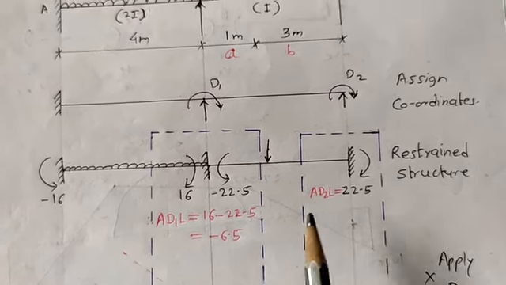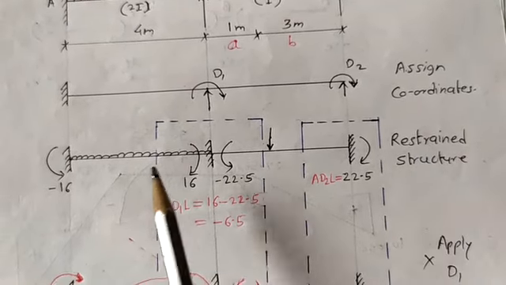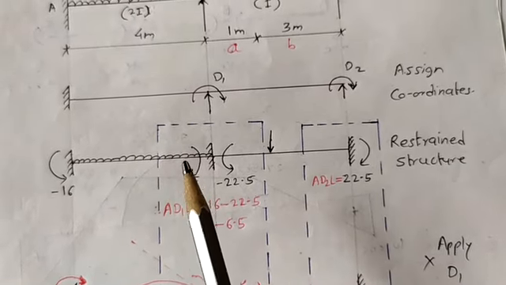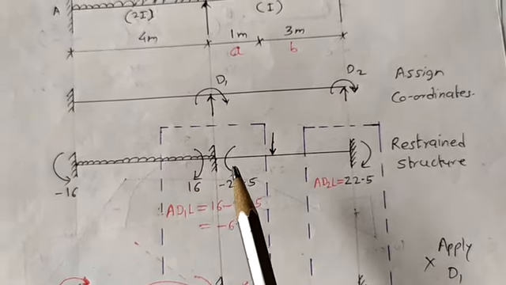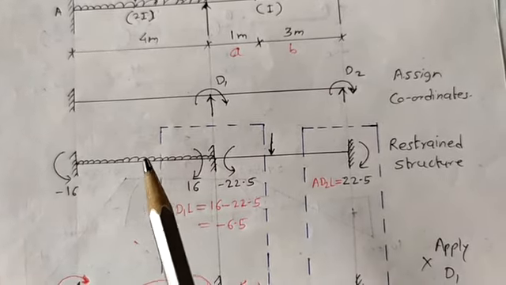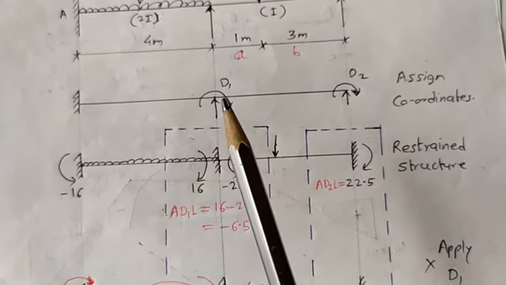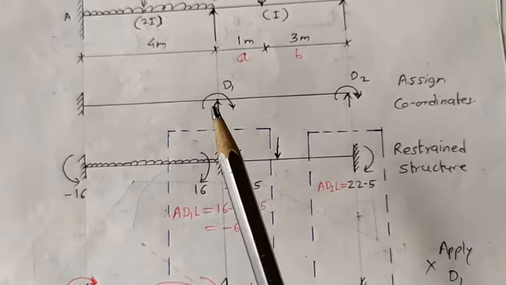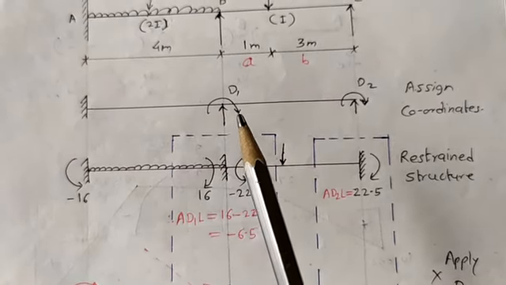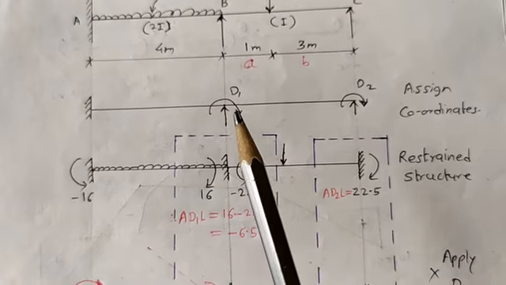So now I will consider this restrained structure. In this case we have considered a loading. Here I have shown a moment. These are the fixed end moments generated because of this loading. Now come to this joint B. At joint B we have considered D1 as unknown and assumed the direction of D1 is clockwise, so we are taking clockwise as positive.